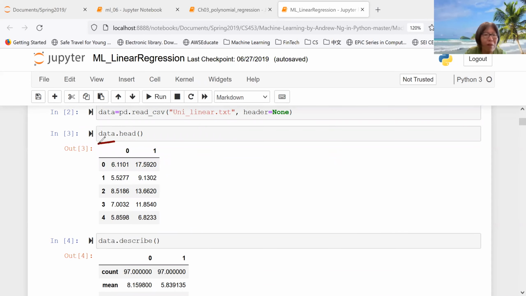So this is the first column, and this is the second column.